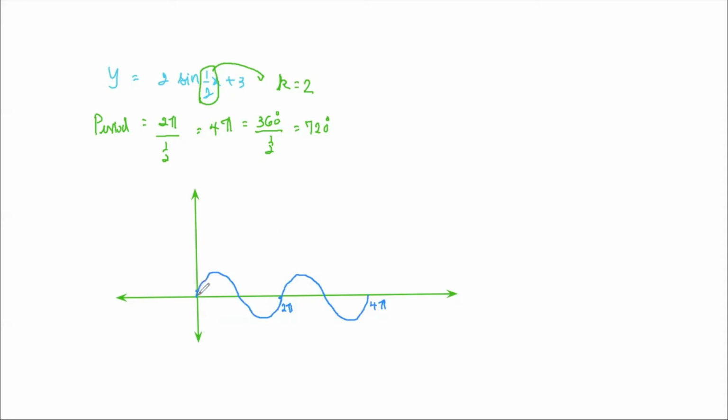So your graph is going to be this, a pi. This is going to be the maximum point, and this one is going to be down here, the minimum point. This is 1, and this is negative 1. So when you plot the graph here, it is going to be like this.